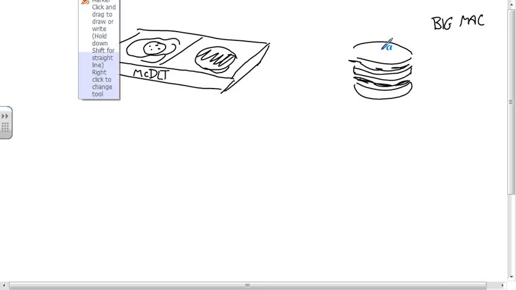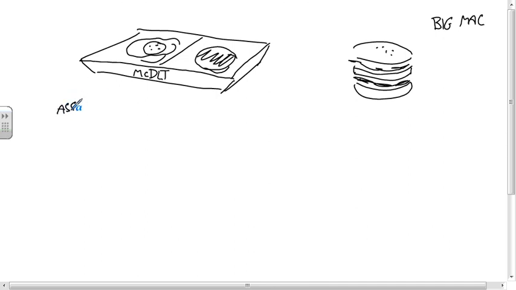Yeah, sorry, that wasn't realistic. So assume that these each have the same amount of thermal energy.